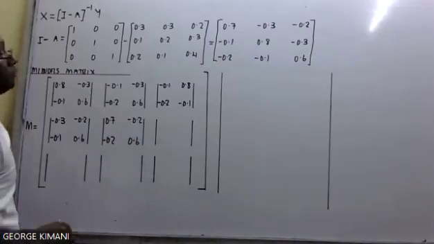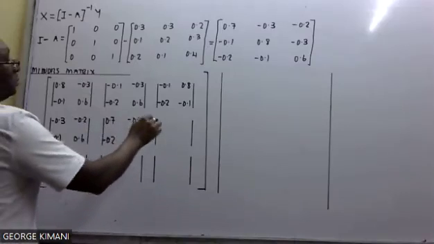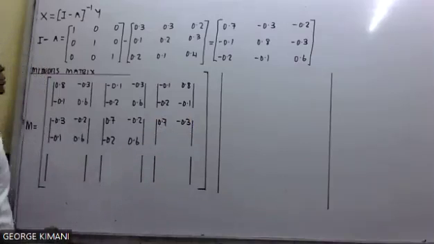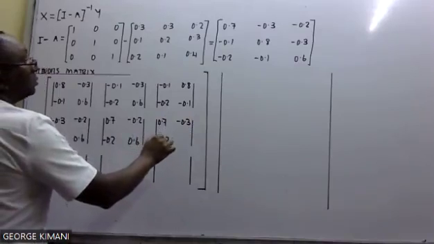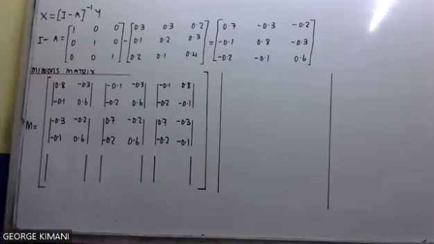Then the other one is 0.7, 0.3, negative, and then negative 0.2, negative 0.1. Good. And if we go down, we are done.